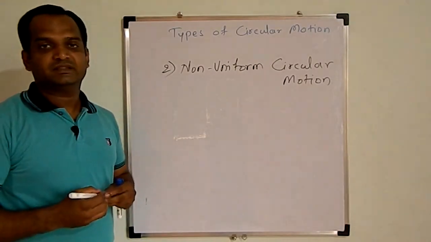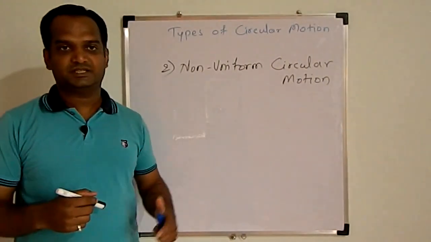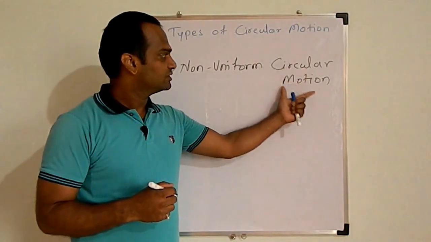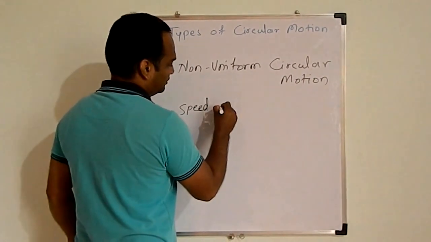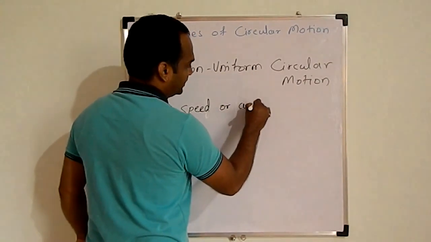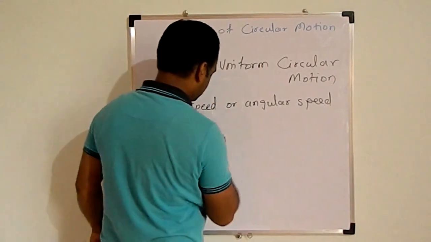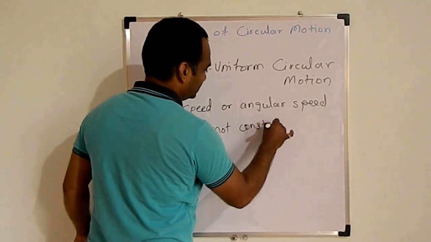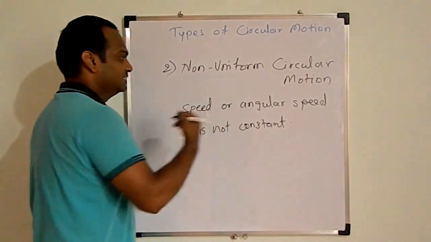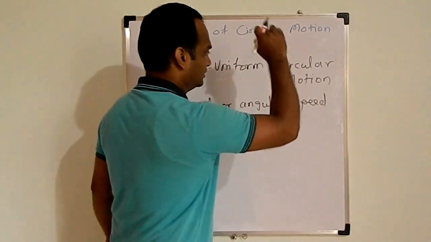As I said, when the fan is switched on or off, the speed of the fan is changing. In non-uniform circular motion, the speed or angular speed is not constant, so it is always changing. That is why it is called non-uniform circular motion.